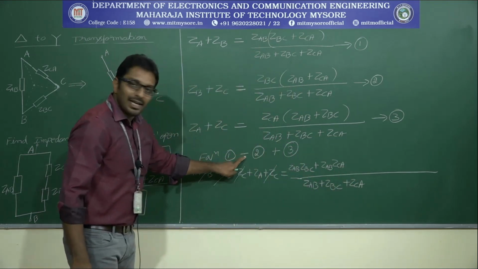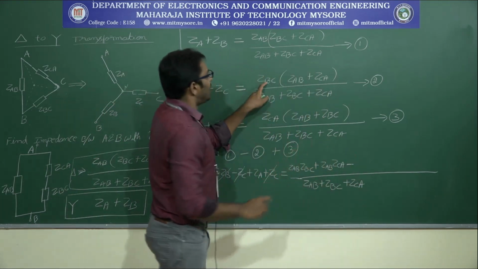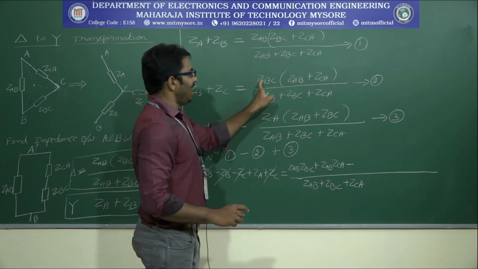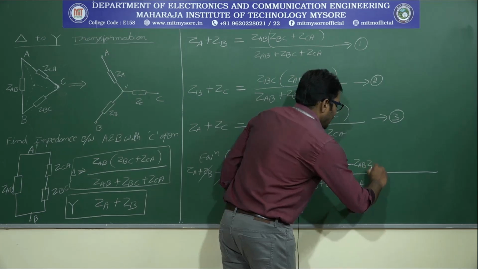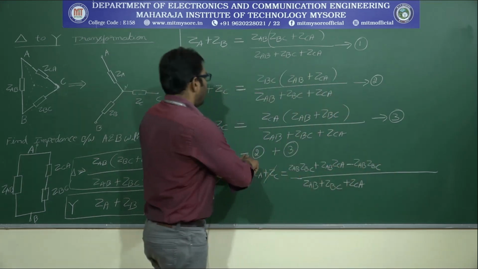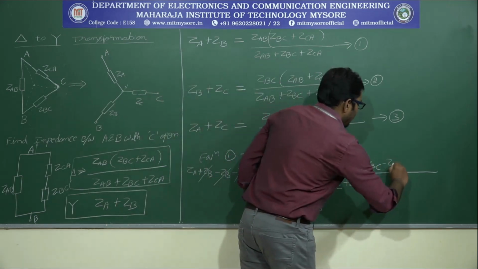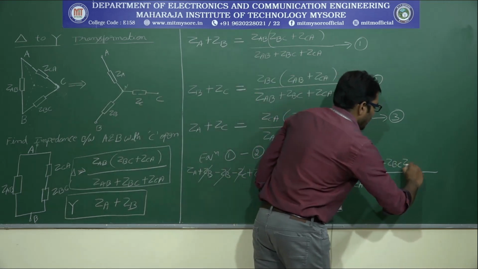Now what is the operation? Minus. Correct? So minus ZBC into ZAB, we can write it as ZAB into ZBC, and again minus into plus, minus ZBC into ZCA.